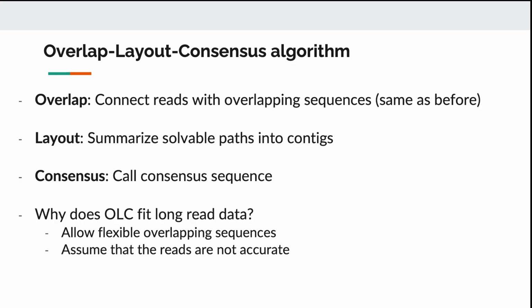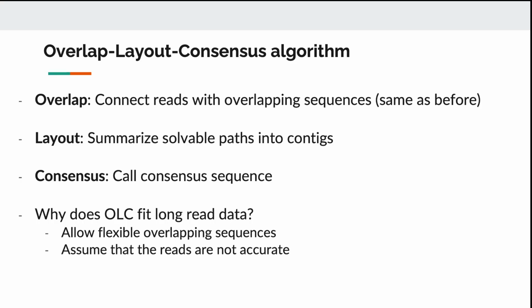This is different from the de Bruijn graph, where you treat each read as a node and connect the reads that overlap perfectly. For long read sequencing, you need to determine whether two reads should be called overlapping or not, and the overlap can have different lengths. So the overlap step now has to be calculated for each pair of reads with different algorithms.